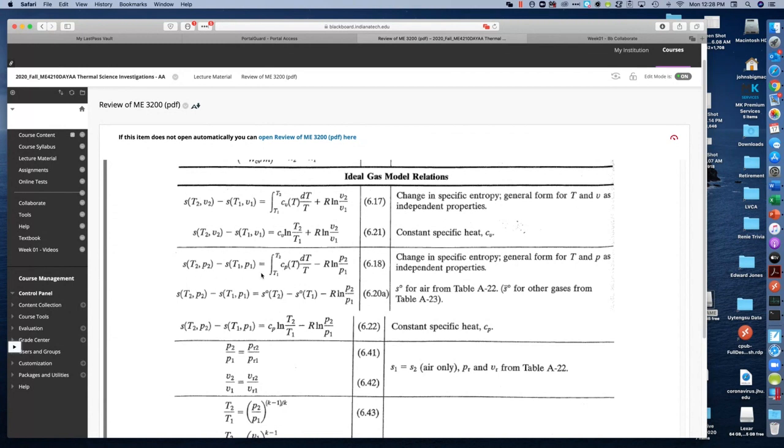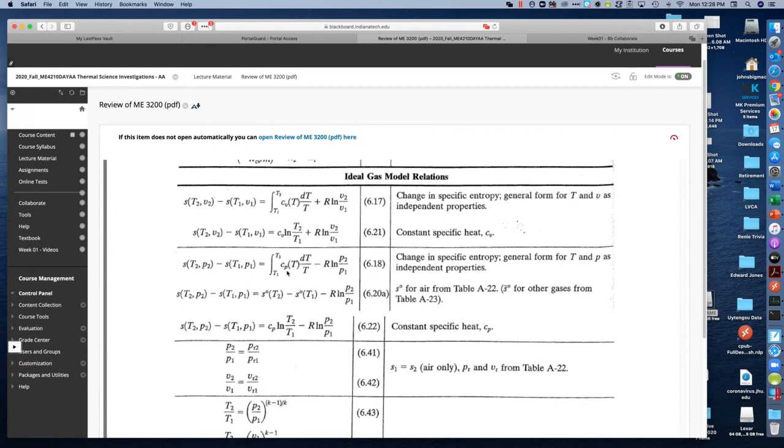If we define entropy in terms of temperature and pressure, we have a similar form of the equation. We have the integral here, the temperature term, that involves the C sub p and not the C sub v. We then also have a term involving the change in pressure.